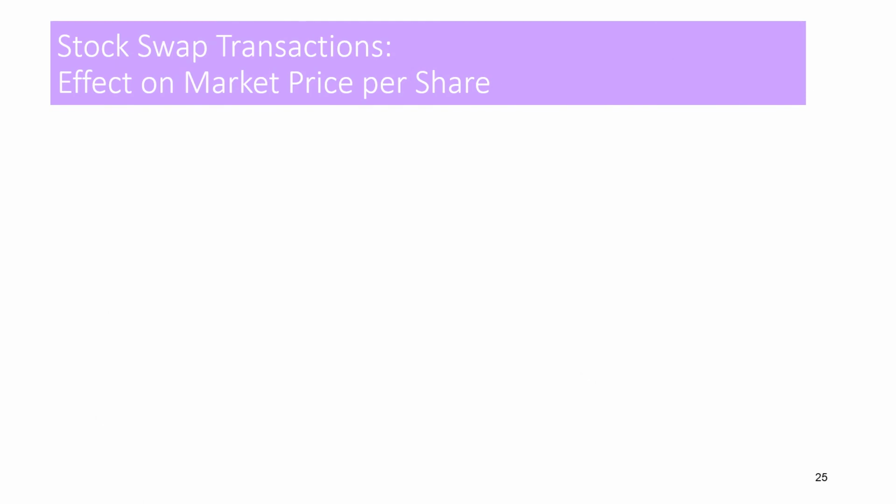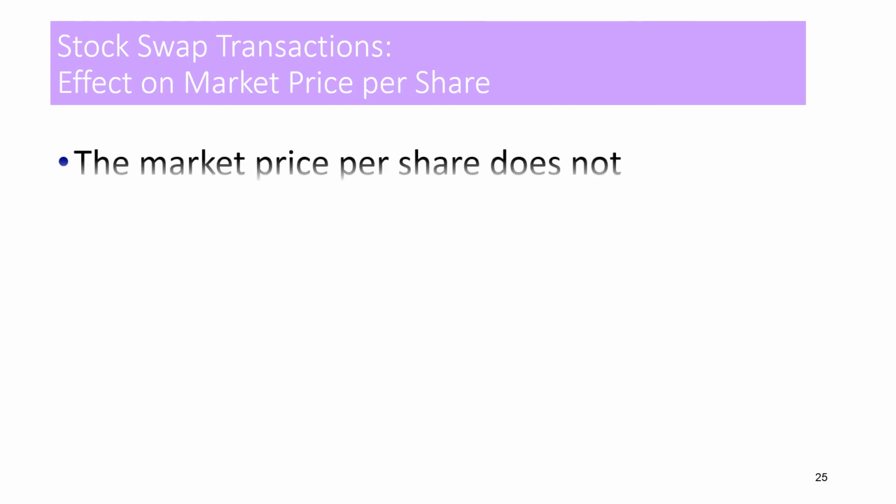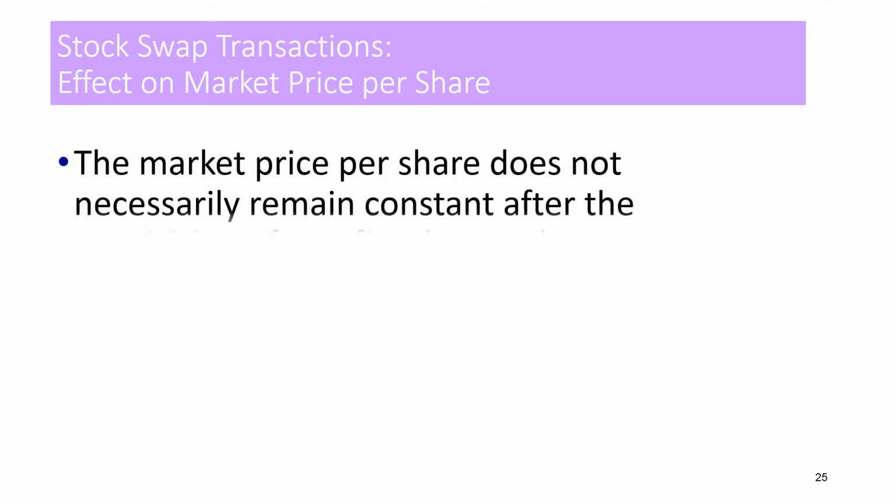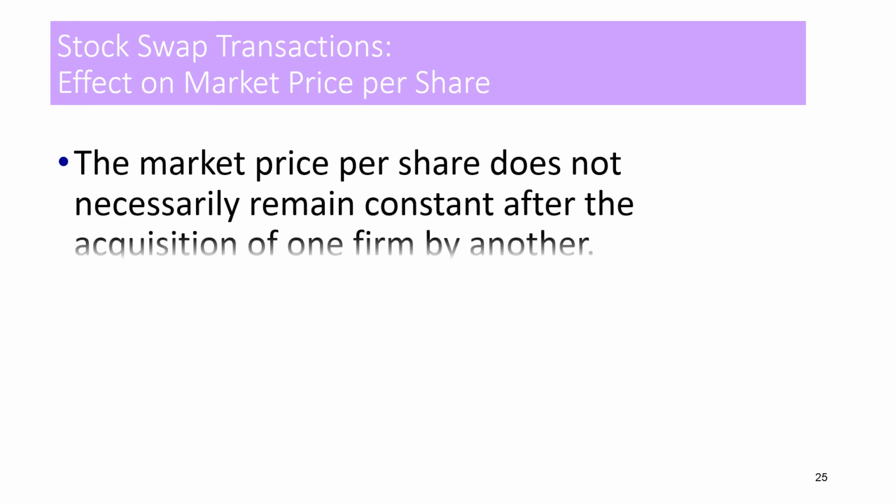Next, we are going to explore an important question. What is the impact of the stock swap transaction on the market price? We have calculated the value of Grand shares based on 21 times expected PE ratio after the merger. To add on to that, it is worth noting that the market price per share does not necessarily remain constant after the acquisition of one firm by another.